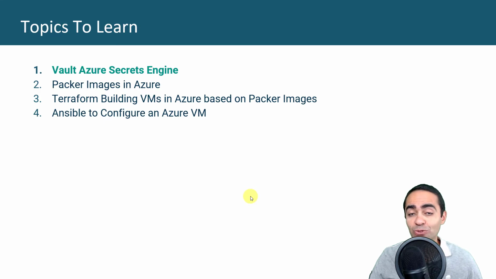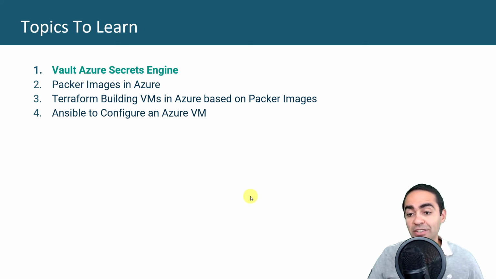How to use Ansible for configuration management to configure an Azure VM that was created via Terraform. We'll talk about best practices here, where to use Ansible, when to use Terraform, how we can use them together to get the best of both worlds when we're talking about infrastructure as code.